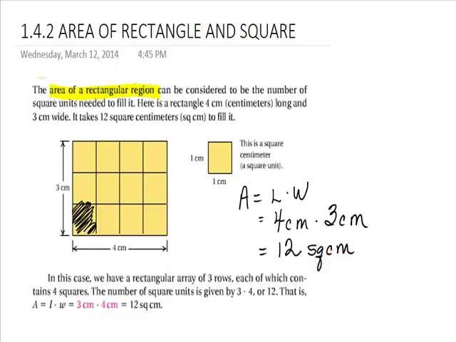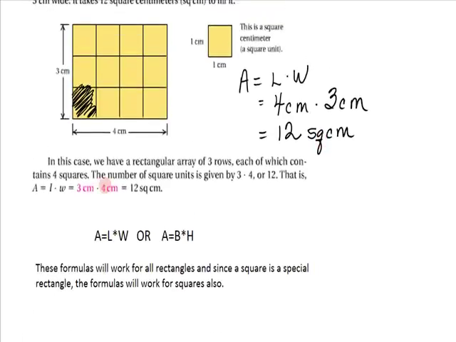Area is always measured in square units. Perimeter was measured in just units because it was length or distance around something, but area is square units.